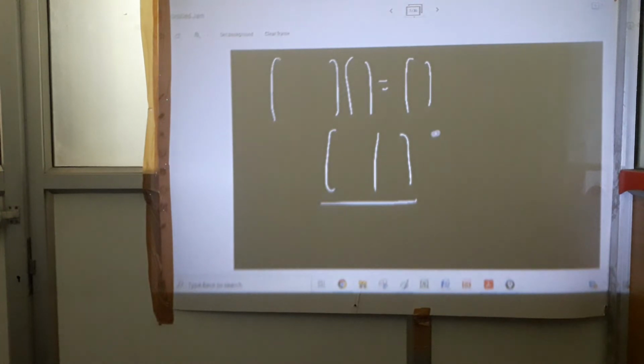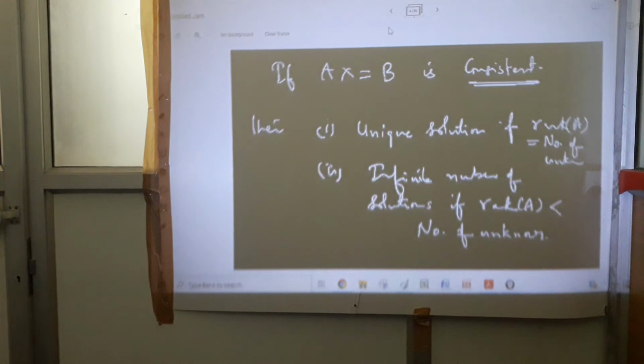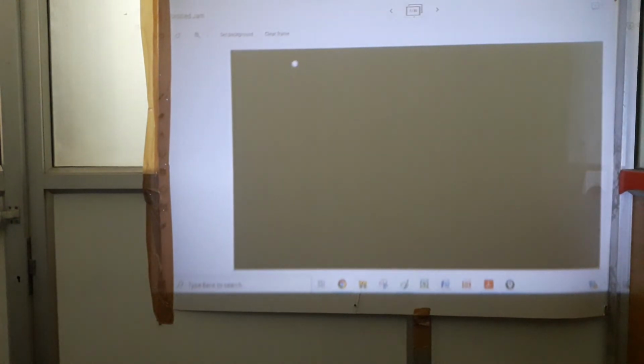If it is consistent, convert it into equations again, then you continue. So this first part is getting completed, and the second part is about eigenvalues and eigenvectors.